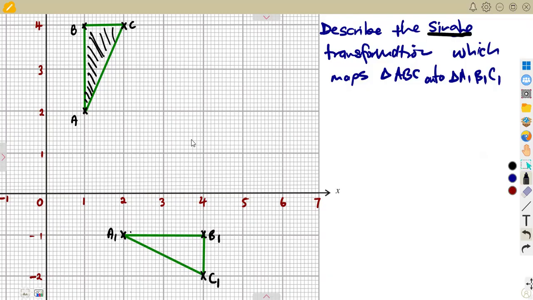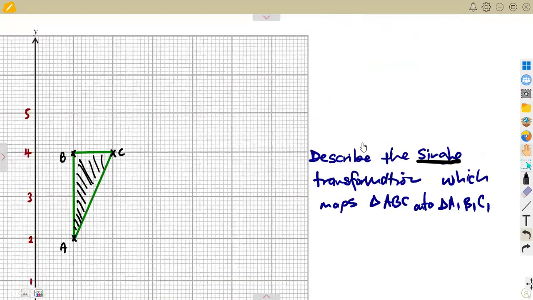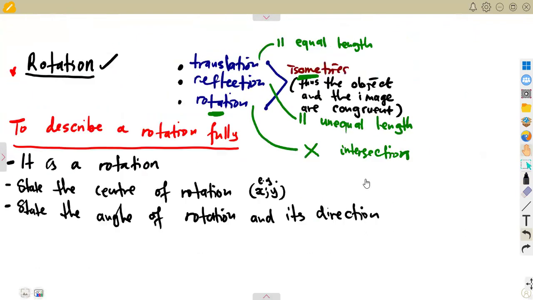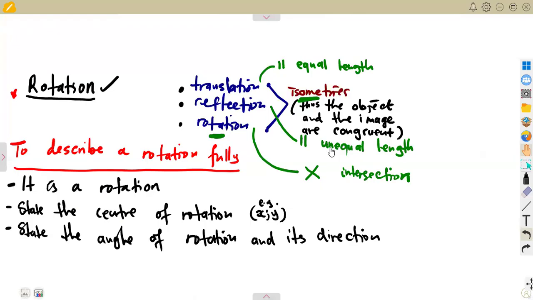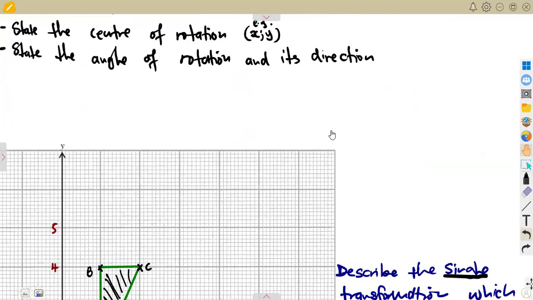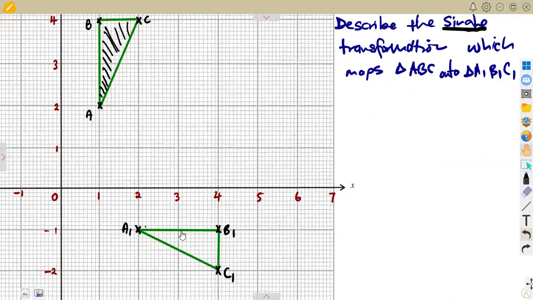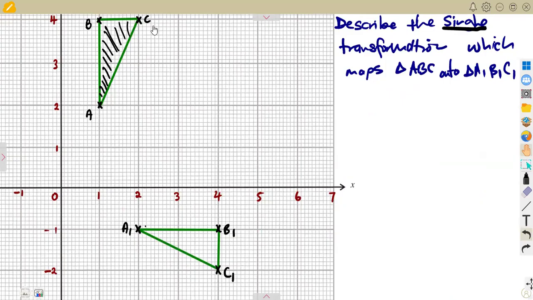What is going to separate each are the properties that we mentioned before. One, we can see truly these are isometries. The object and the image are exactly the same. From A to B, 2 boxes; from A1 to B1, 2 boxes of the same scale.